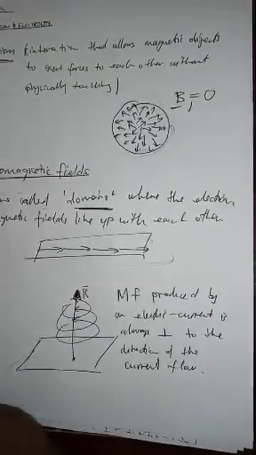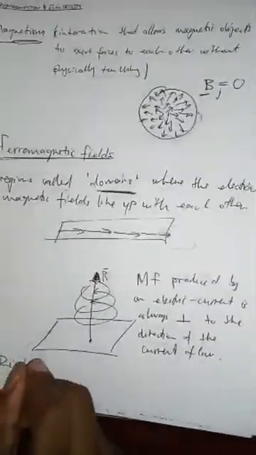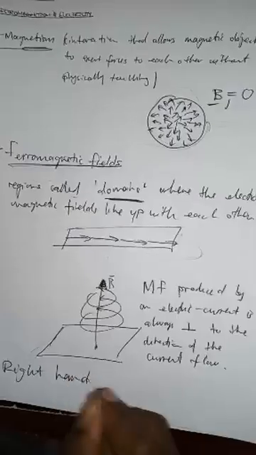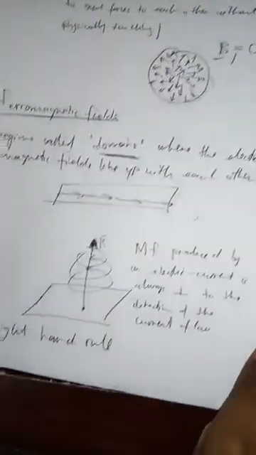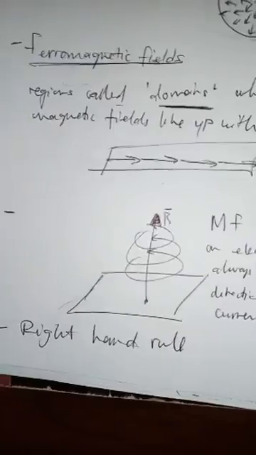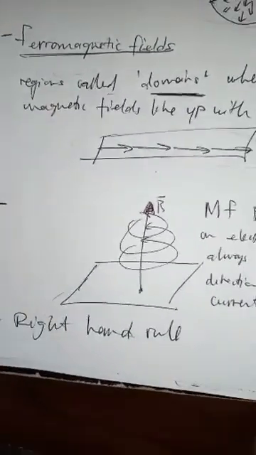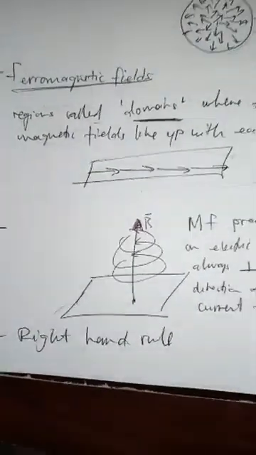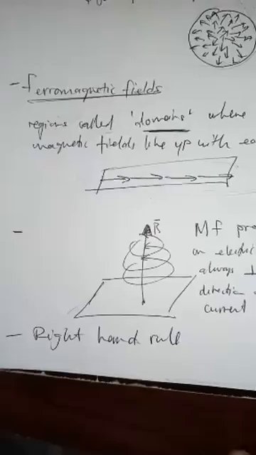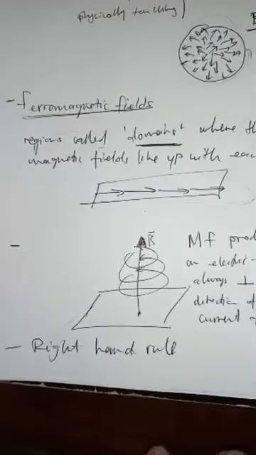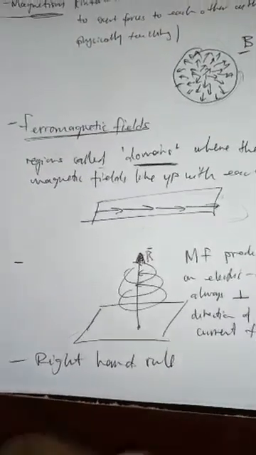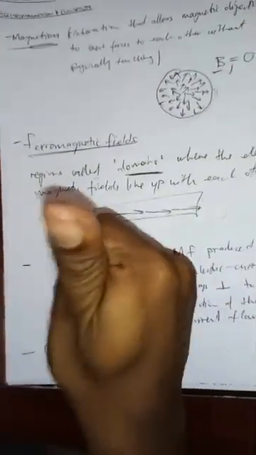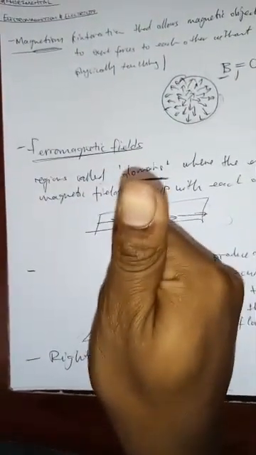We use what we call the right-hand rule, right? The right-hand rule simply states that if you have current flowing through a conductor, the direction of the magnetic field is given by the direction of your curly fingers, such that the thumb will be the direction of the current.